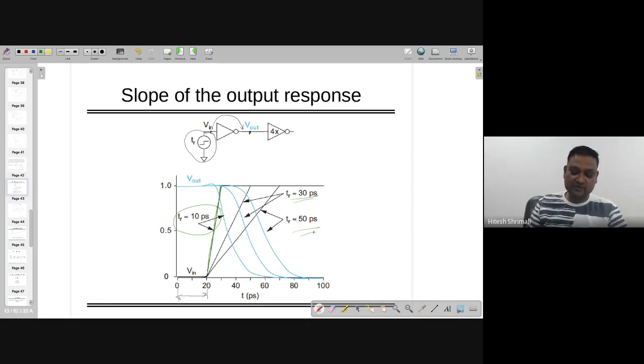This is happening because the slope is giving enough time to change the state in NMOS and PMOS, and accordingly it starts giving the decaying signal. So this is also one fact we should keep in mind for giving a proper propagation delay.